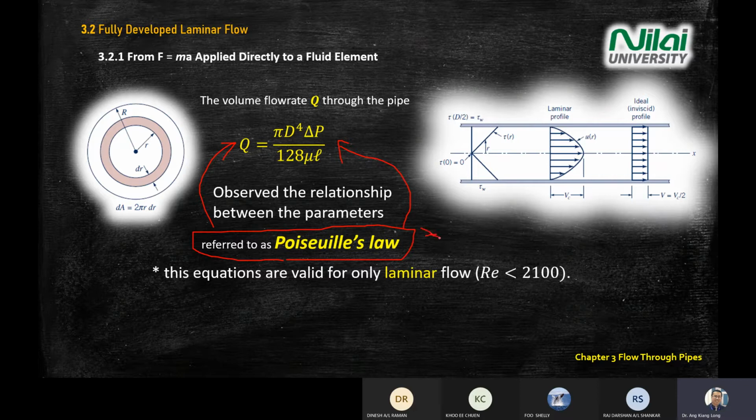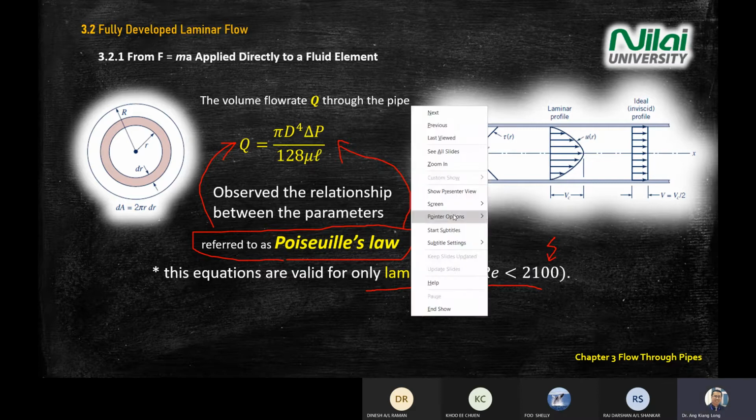You might need this word when it comes to your lab report later on. You might need to explain why you can use Q equal to this one in your report. Keyword: laminar flow. Prove that in the experiment your Re is less than this number, then you can use this one. Okay.